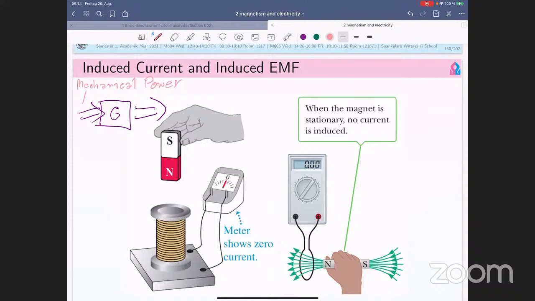Or simply speaking, you have to deliver the torque. And the output you get from the generator is the electric power.